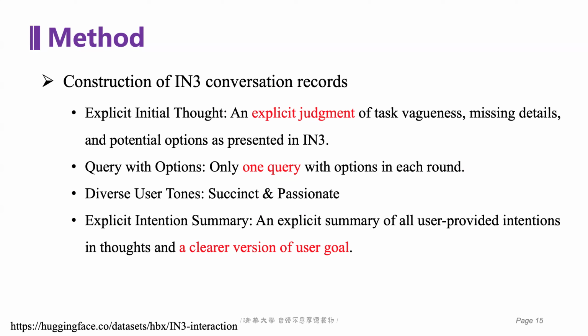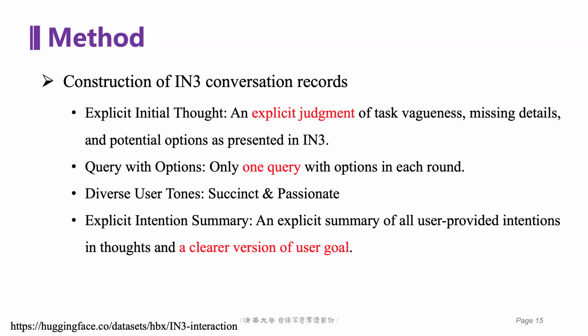So here is what we want in the conversation record, that is, the interaction trajectory. We make some little tricks in constructing this interaction record. The first thing is the explicit initial thought. We want the agent to explicitly think about what the user needs and what the missing details are.